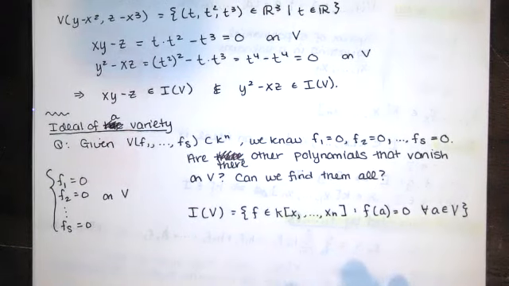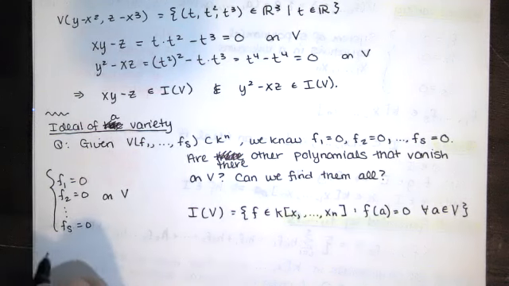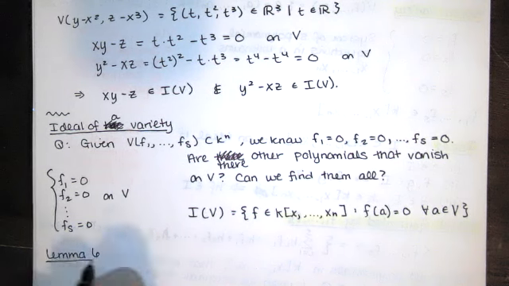Now, we just labeled it the ideal of a variety. We haven't yet proven that it's an ideal, so let's prove that it's an ideal. This is lemma number 6 in the book.